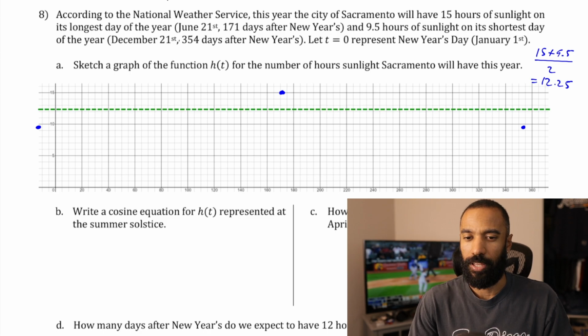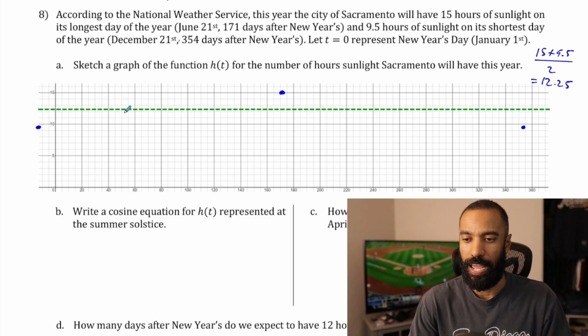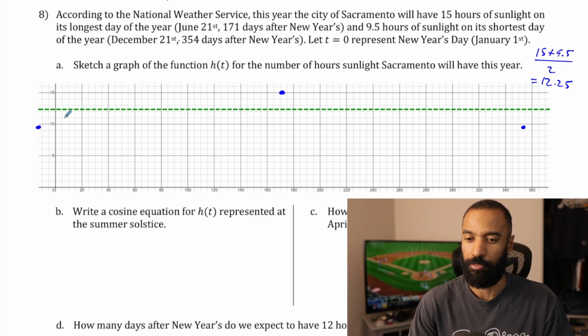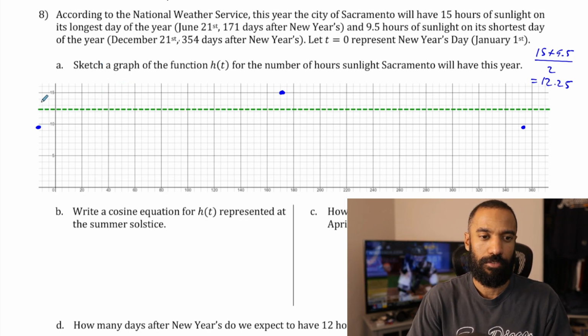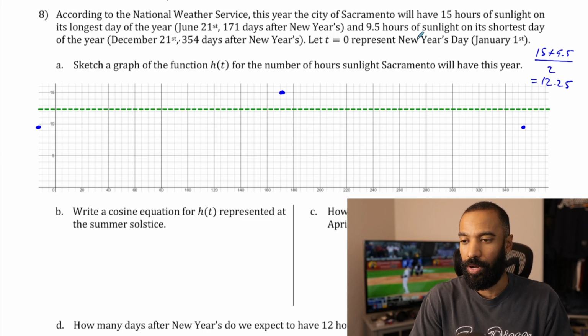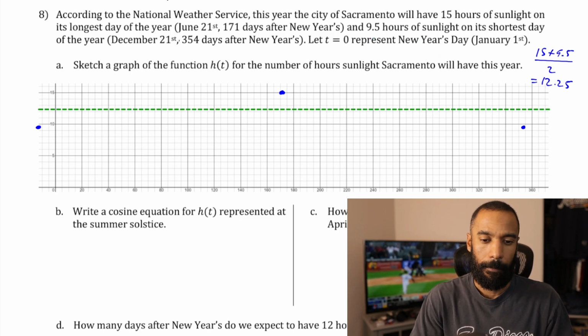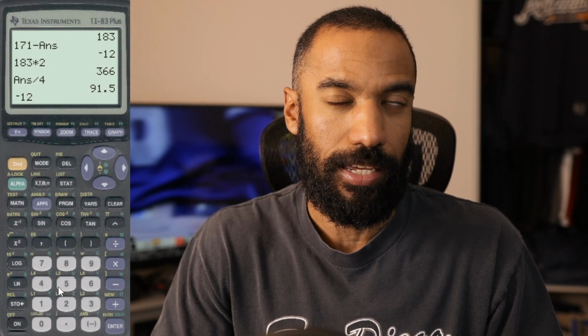So on my midline, there are going to be points that are 91.5 days away. That's what I calculated before. So what's 91.5 days from negative 12, or from 171? Let's go to the calculator: negative 12 plus 91.5 should be 79.5.